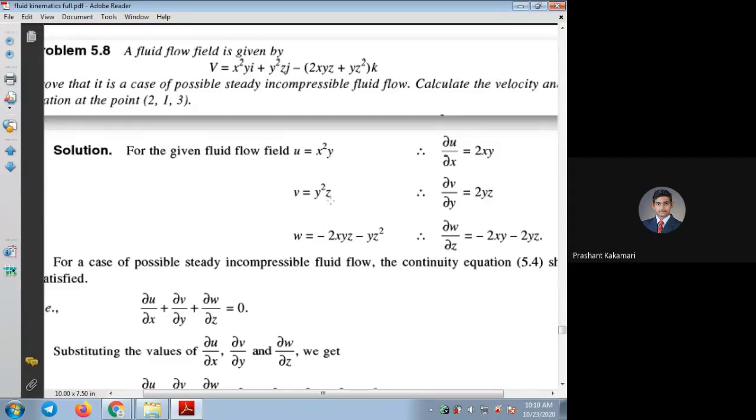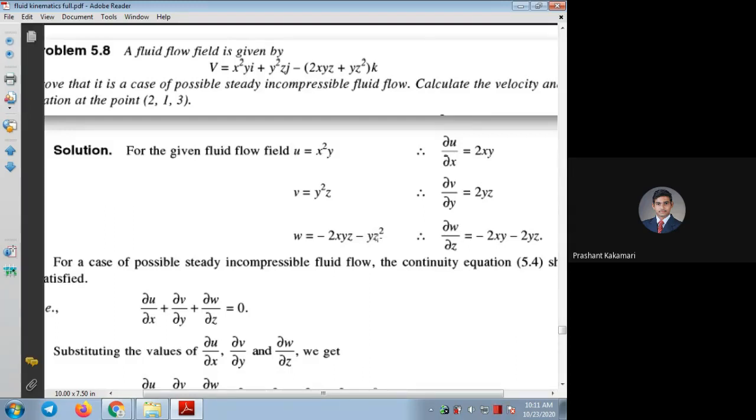Then differentiating the second term with respect to y in the y direction, it will be 2y into z. Then the third term, if you differentiate with respect to z, z raised to 1 is there here. I can write it as minus 2xy after differentiation, minus, here z square is there, I can write it as 2yz.